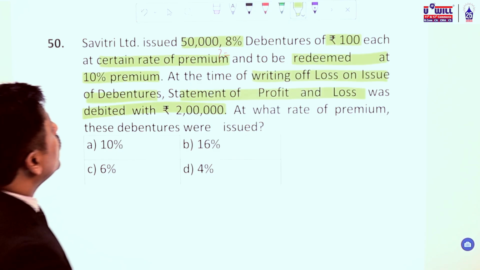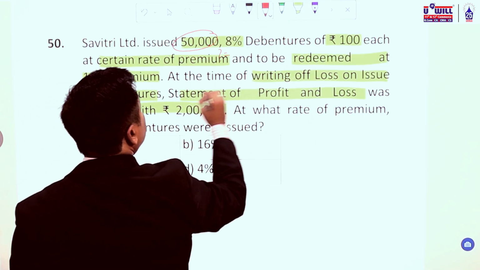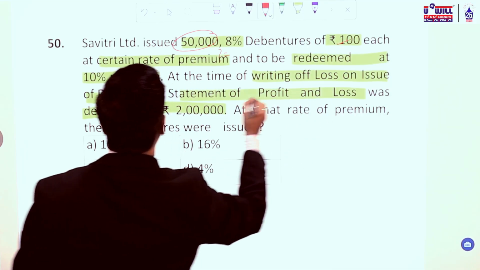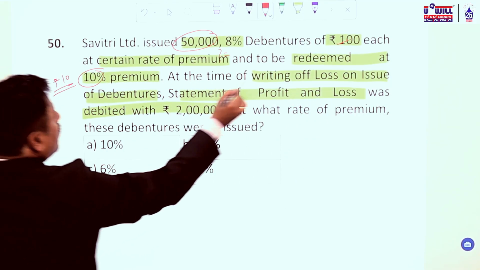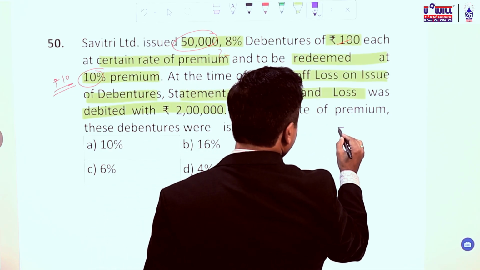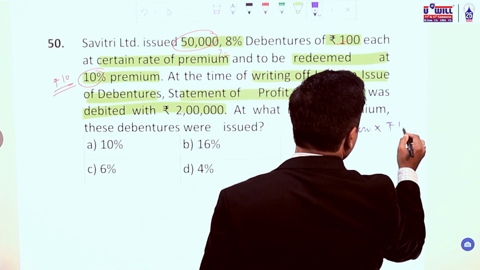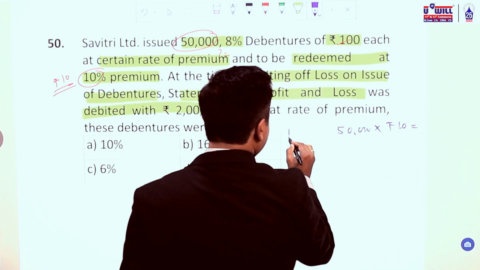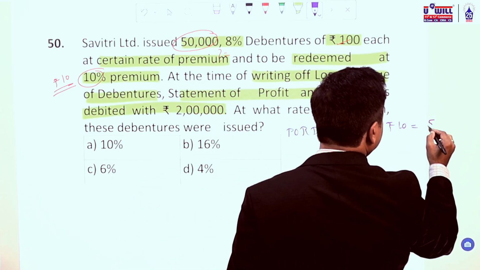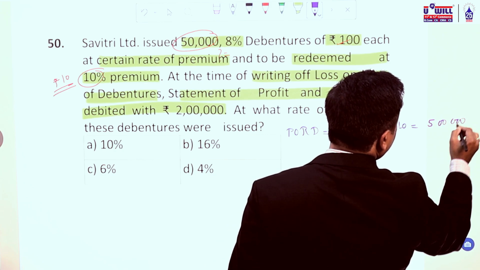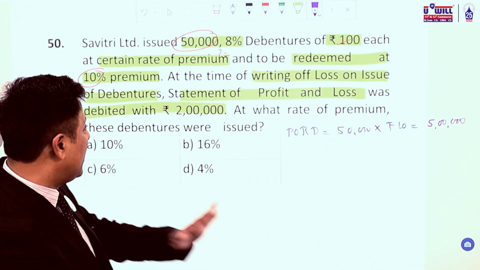Now, all of you can see over here, 50,000 debentures, 100 is the face value. So 10% premium will be 10 rupees only. Now, 50,000 debentures into 10 rupees, the premium on redemption of debentures is equal to 5 lakhs.